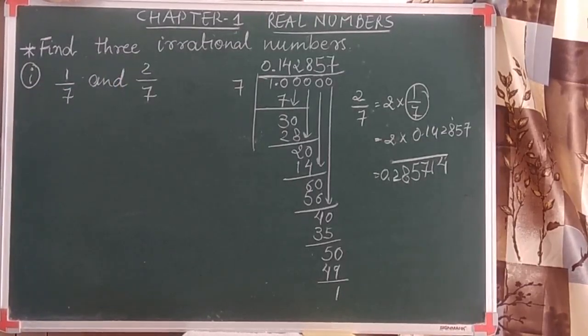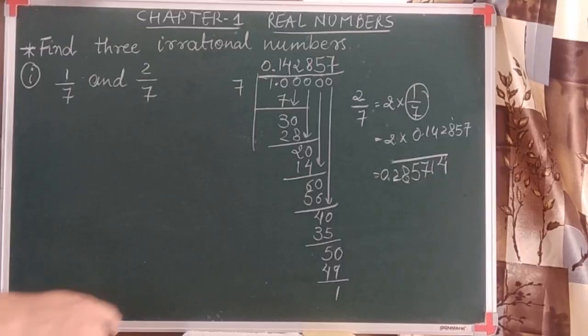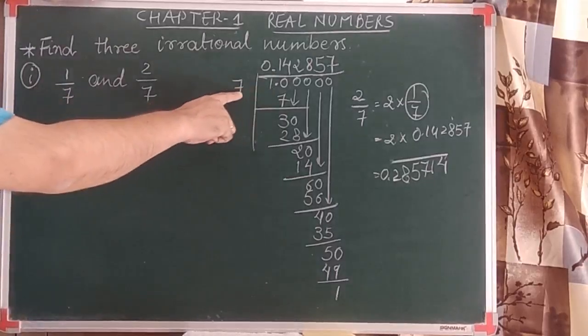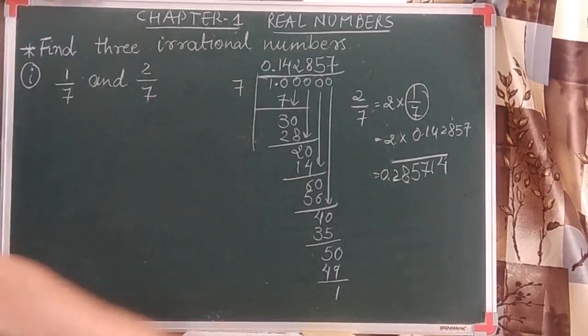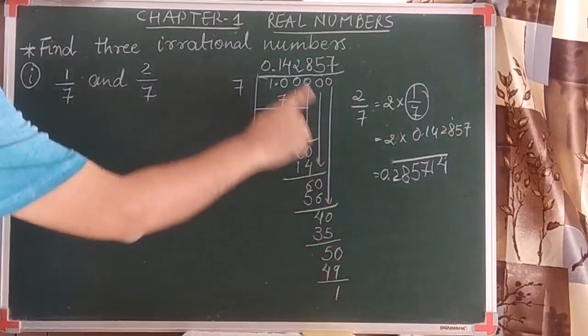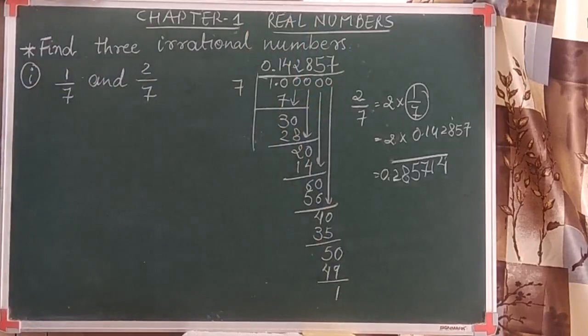We know if it is a rational number, it can be either a terminating number or a non-terminating reoccurring number. So here you can see that I have divided 1 by 7, so I'll get 0.142857. Why did I stop here? Because I obtained 1 again. Now it will be non-terminating but reoccurring.